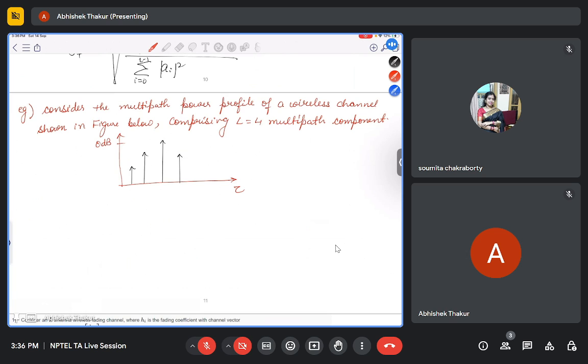The y-axis gives the power of each multipath component. This is minus 10 dB, and this is minus 20 dB. And the first signal arrives at tau 0, that is given here in microseconds. So this is 0 microsecond. The next is 1 microsecond. This one is 3 microsecond, and this is 5 microsecond. So this is the power profile given.